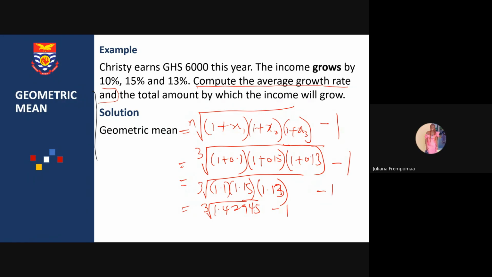So I had 1.965. The cubic root. Okay. 1.96597. Any other answer?